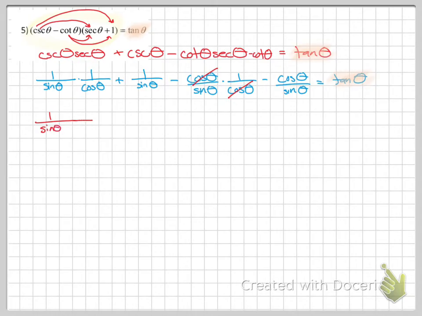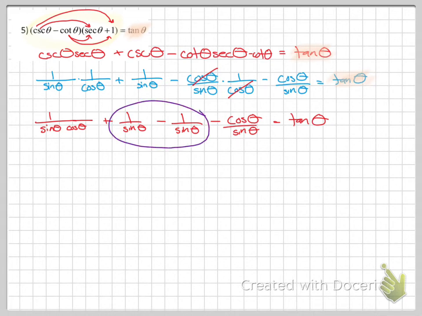They can be written together in the bottom. The cosines cross out, and I'm left with 1 over sine theta. Keep the right-hand side there. Do not change it. Well, now that I've crossed one of those out, I see that this is the same number but opposite symbol, right? Add, subtract. So those are going to go away.